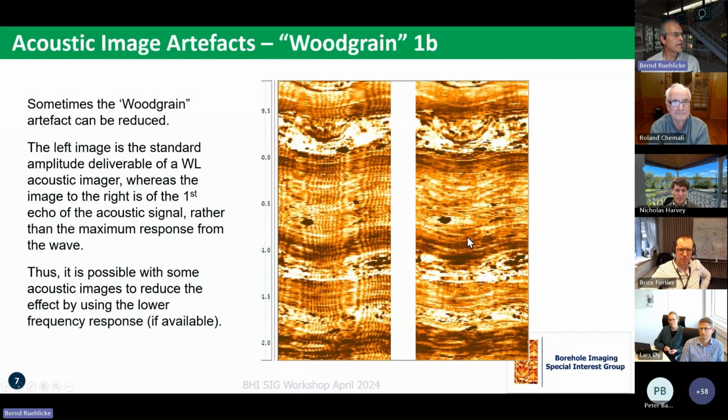On the left side is the standard amplitude deliverable of these wireline images, whereas some tools have the option to get the first echo, the first response, and in this case it is reducing the effect of the wood grain, as you can see on the right image. So there are different image arrays available, not always loaded by default or recognized by different software, but different vendors possibly have these different arrays available. So it's sometimes worth taking a look at that.